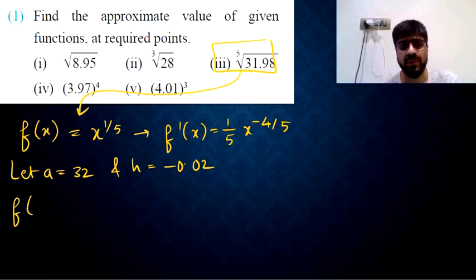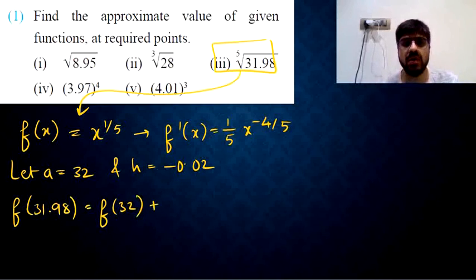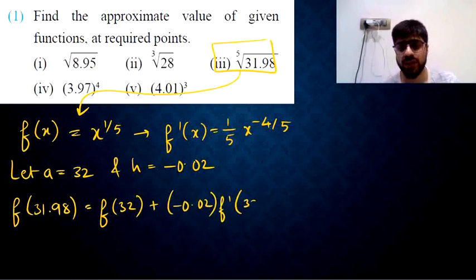So we have f of a plus h. A plus h, that will be 31.98. That should be f of a, that is f of 32, plus h, which is minus 0.02 into f dash of 32. So f of 32 is 32 power 1 by 5, which is 2, minus 0.02 multiplied by f dash 32.